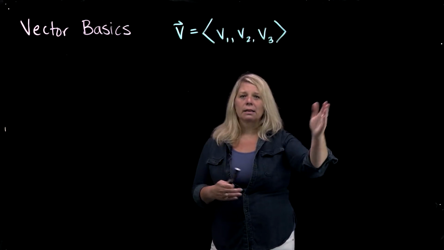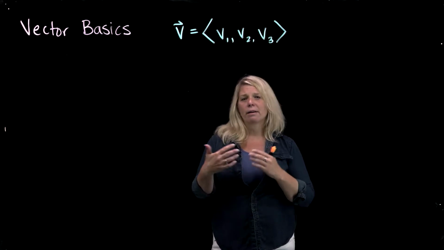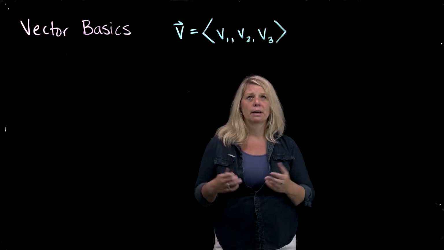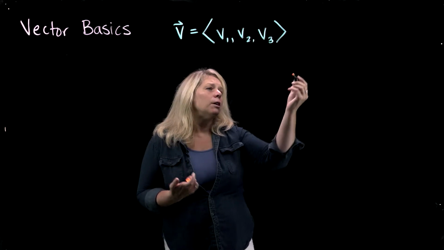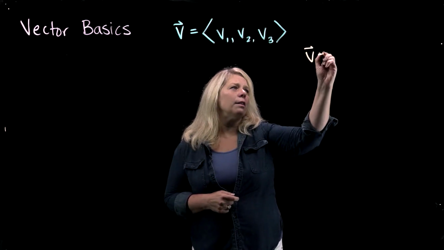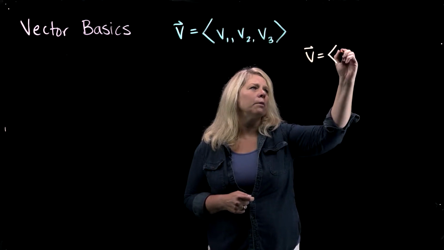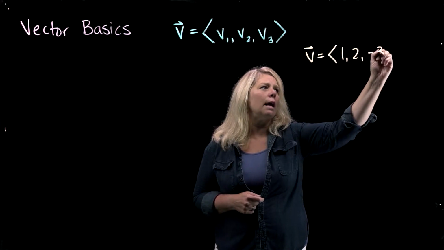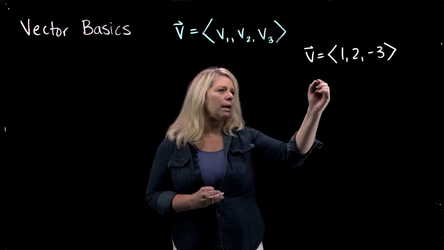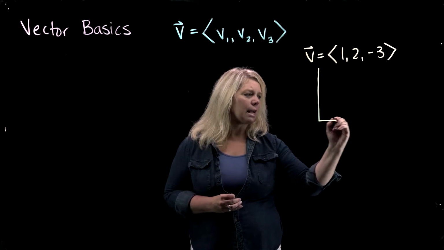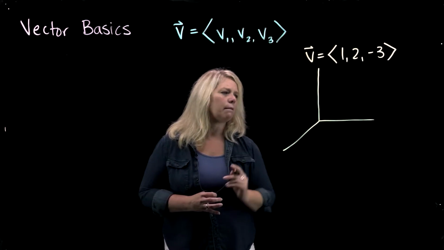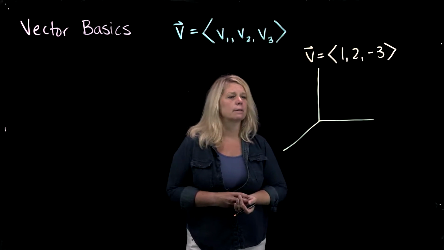So we're going to look at a little example over here and then some other things that we might talk about with this particular vector. For example, we might have a vector that is, say, <1, 2, -3>. If I wanted to sketch that vector in R3 in standard position, I would need my three-dimensional coordinate system here.